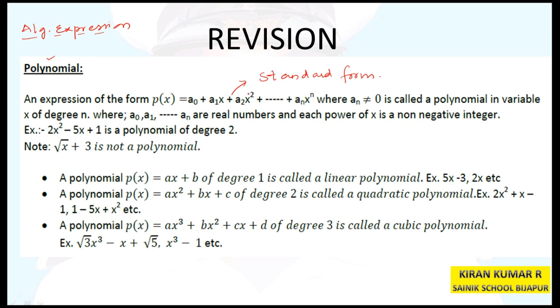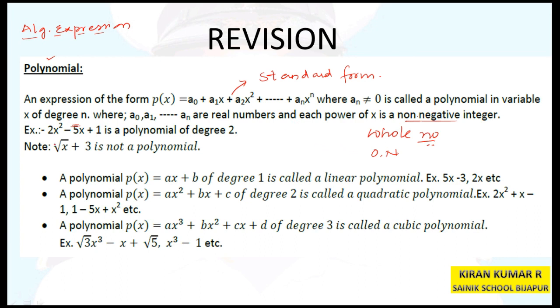What is a very important thing to notice here? The degree of this polynomial will always be a non-negative integer. In other words, it has to be a whole number. Otherwise, it is 0 along with any natural number.